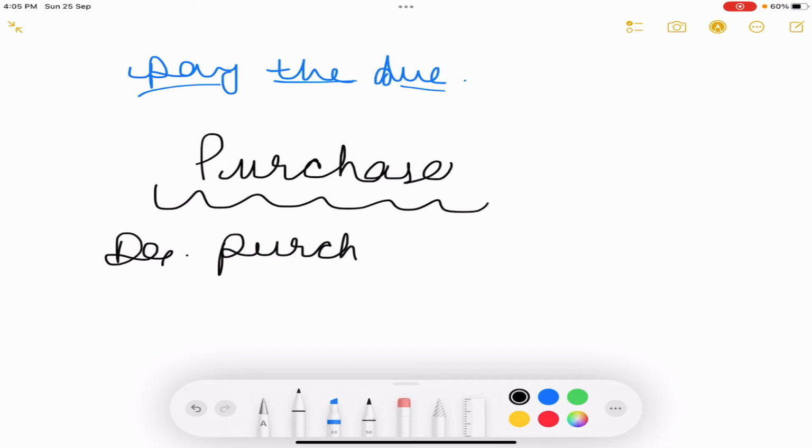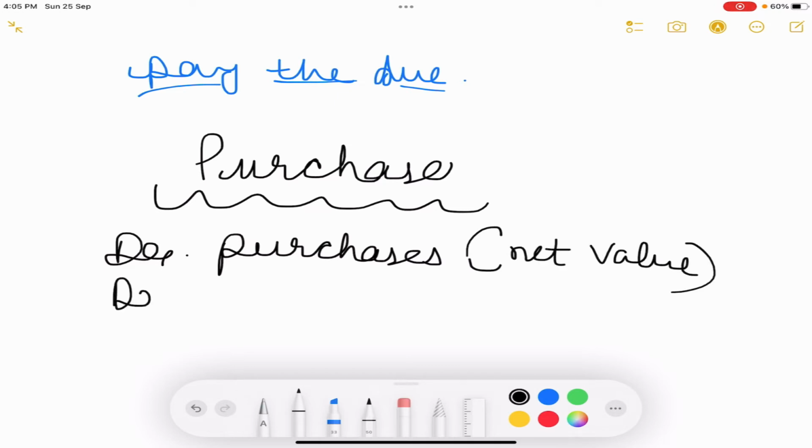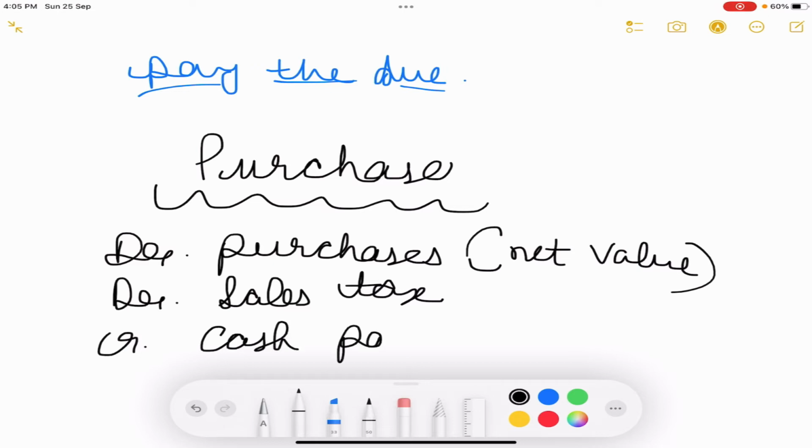You debit your purchases account, which is the net value. You are also going to debit the sales tax. Then you are going to credit cash or payables. You have to pay the amount which includes both the purchase as well as sales tax, so cash or payables will be the total.